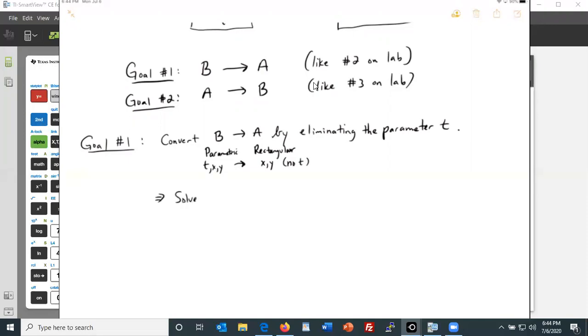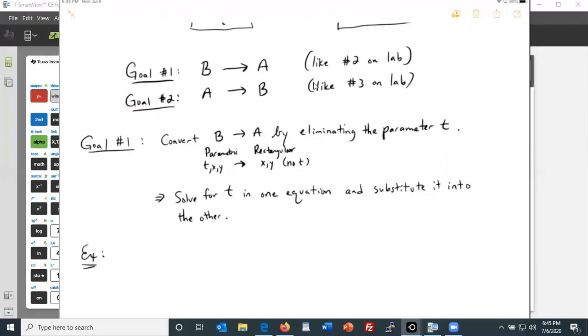You solve for T in one equation, and substitute it into the other. And we'll do a very easy example to illustrate this. And then we'll do another one or two where the algebra might be a little more demanding.